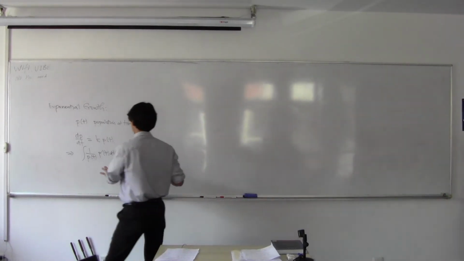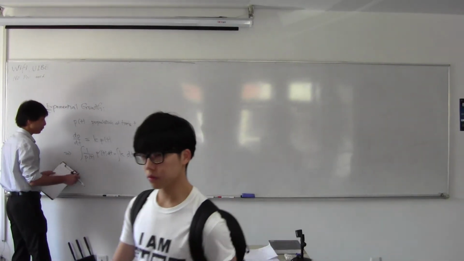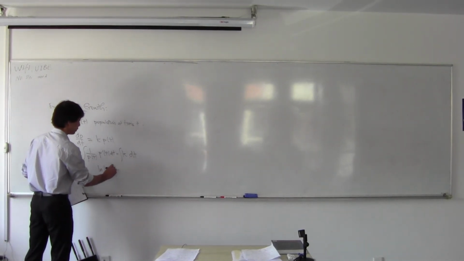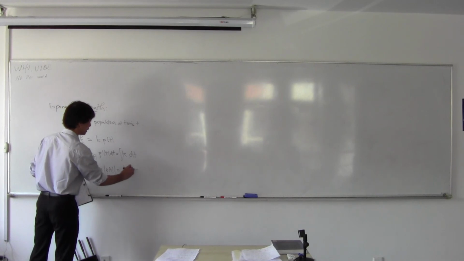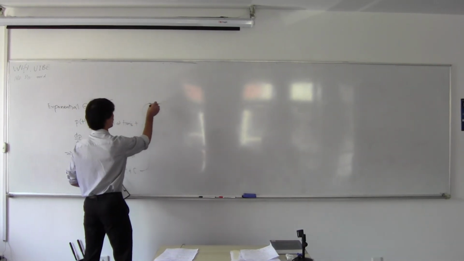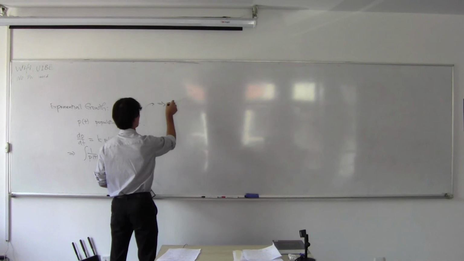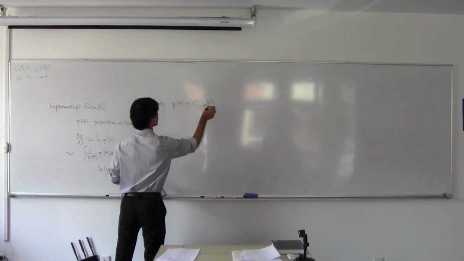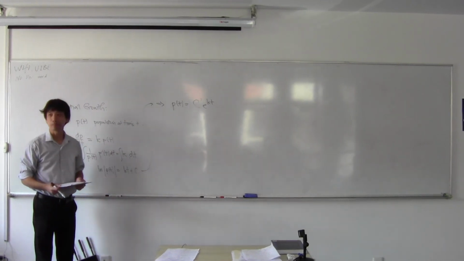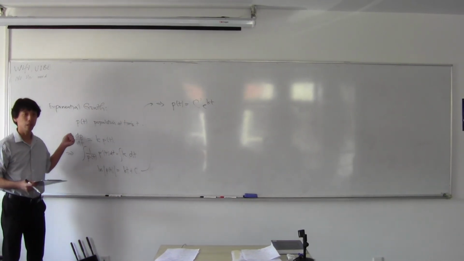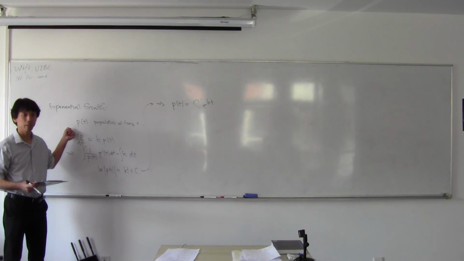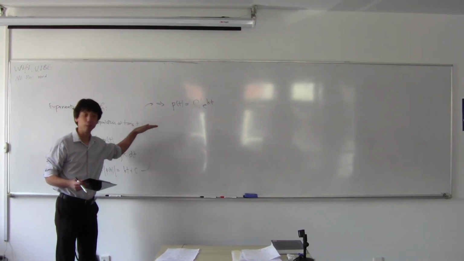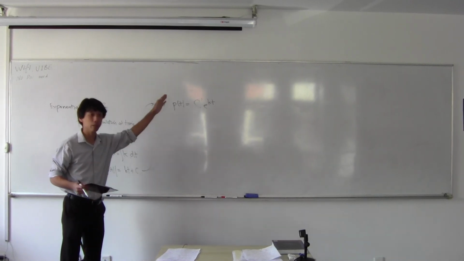You ended up with the natural log of p of t equals kt plus c, which told you that p was some constant times e to the kt. So this was the first differential equation that we did, and what it predicts is that your population is just going to grow infinitely.